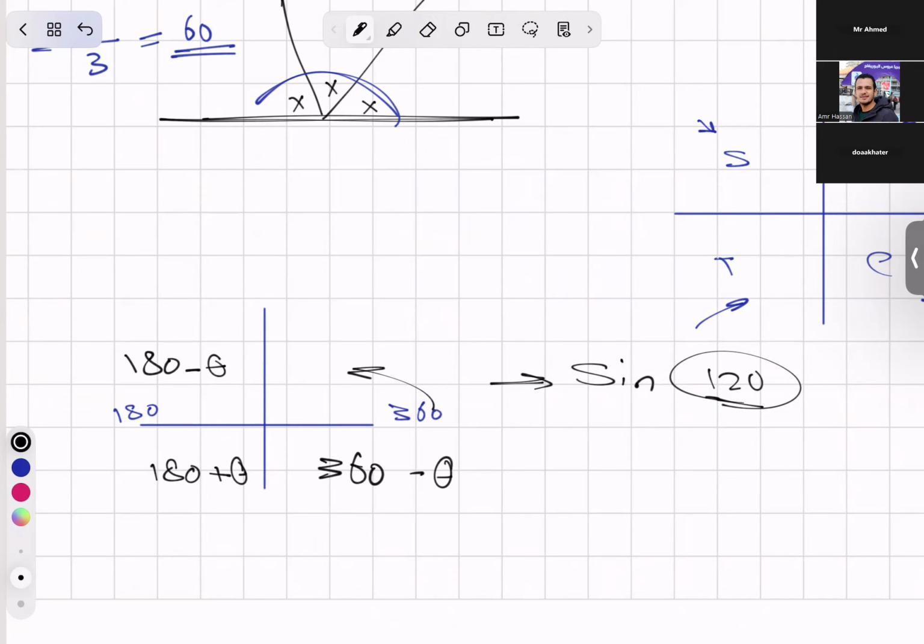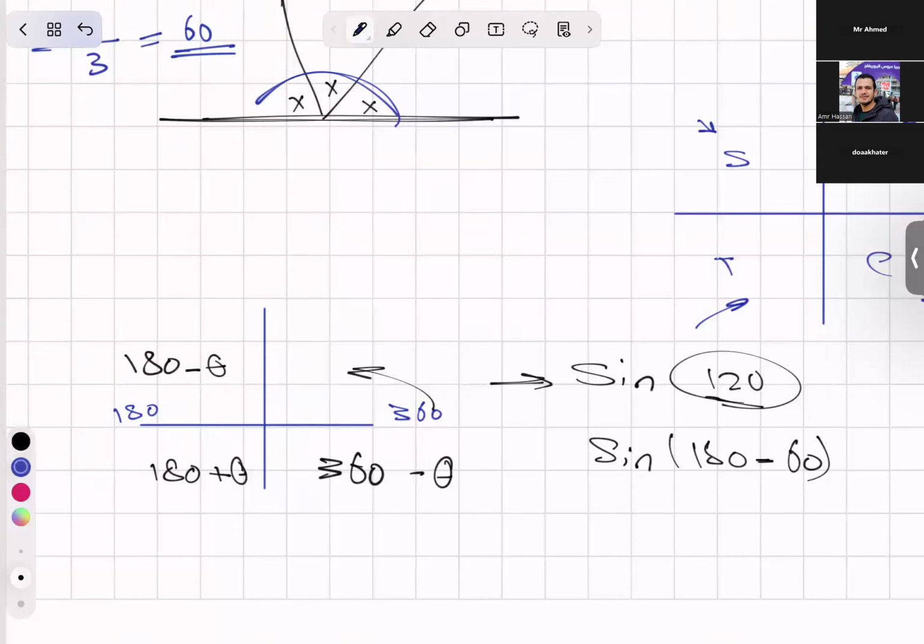So the point is, sine 120, I could write it just like sine of 180 minus 60, right? Because if you subtract them from each other, you return back to sine 120, right?